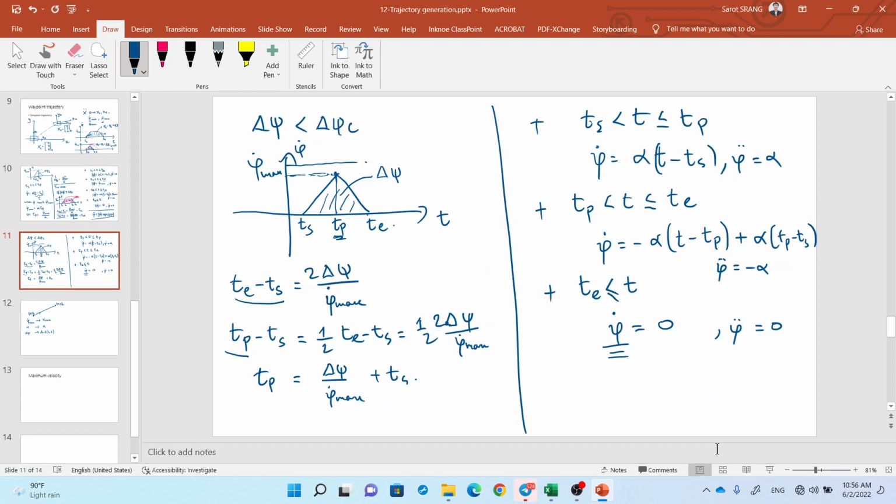But what about this case? Sorry, this one should be the same. Absolute, absolute, and then phi dot here equals absolute phi dot times sine of delta psi. Be careful, so this one should be absolute.